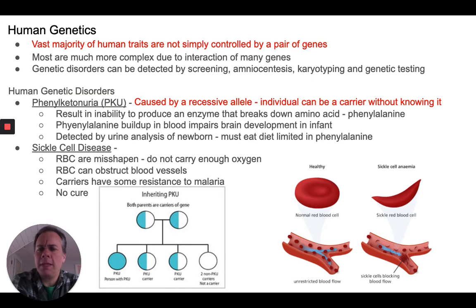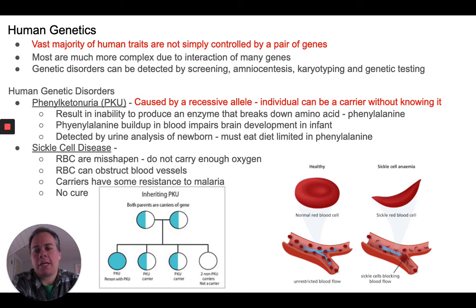However, in a person with PKU, there is an abnormality in the gene that produces that enzyme, and therefore the enzyme doesn't work properly. So what happens is this amino acid phenylalanine can build up in their body. It can impair the neural development of an infant as they're developing.